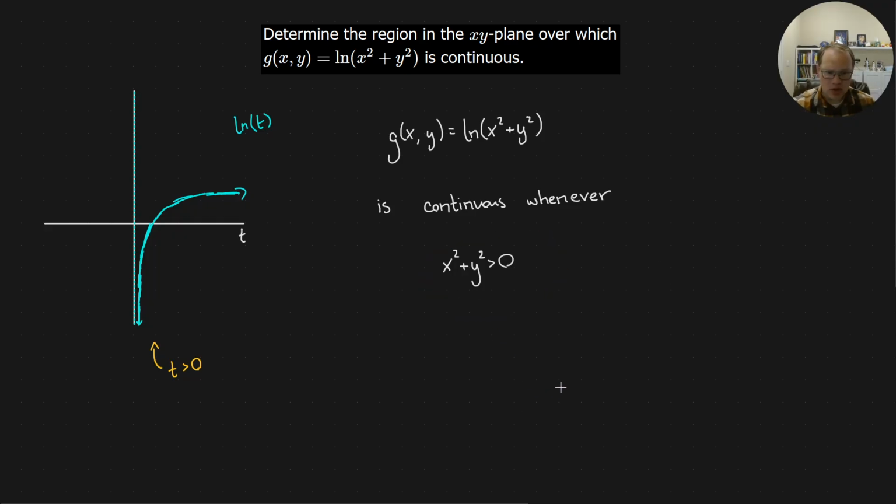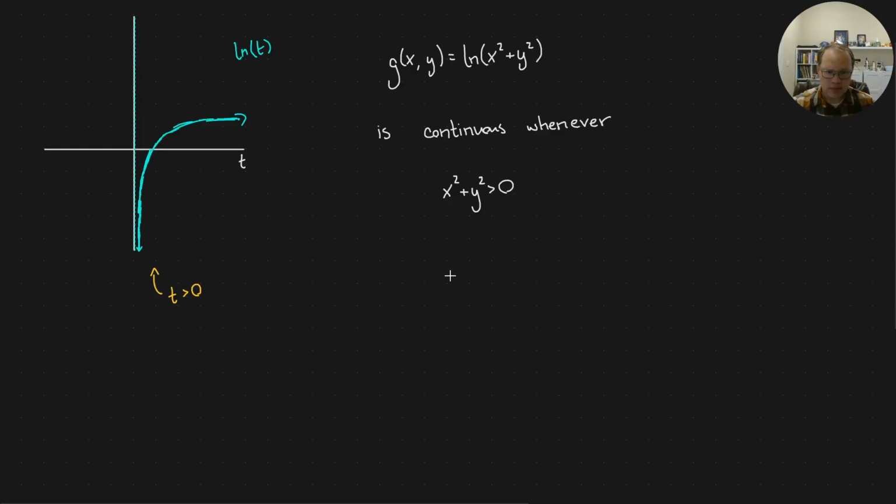So what does this look like? Well, in this particular case, there is only one value where we would be equal to 0. Normally with an inequality like this, you would want to first sketch the boundary. Okay? So I'd want to sketch x squared plus y squared equals 0.